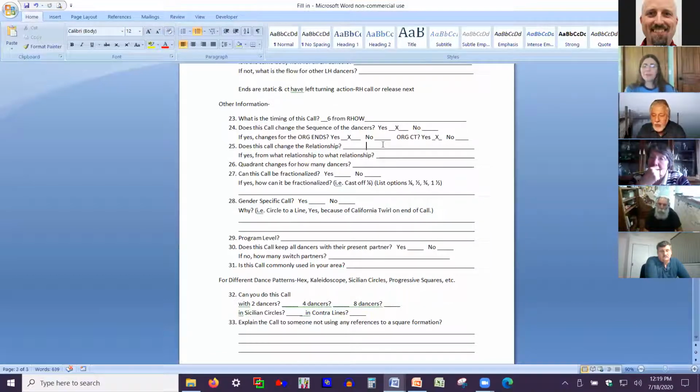Well, the one thing I got out of that discussion right there was, I think we're going about the call analysis sheet all wrong. And the reason I say that is because of the variation of the calls. We actually need, and I know no one is going to do this, but this is the way my mind thinks, instead of filling in all the blanks, there needs to be a call analysis sheet for swing through. And all that stuff that's irrelevant is not on that sheet.